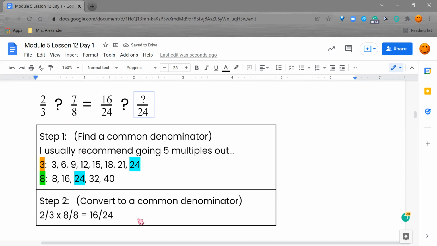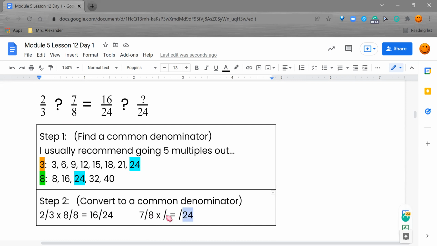Now I'm going to take the 7/8. I'm going to scoot on over. I'm going to go 7/8 times some fraction. We know it equals 1, but we got to figure that out. Equals some number over 24. Again, we know what the common denominator is. So this is what we're trying to come up with.